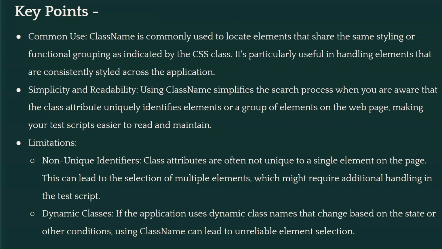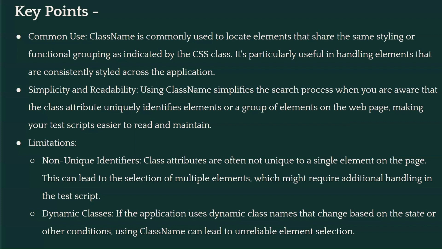Now, the key point here is it's commonly used to locate elements sharing the same styling. When we're talking about the same styling related to CSS, in that case we use this class name. It is simple and readable like the others. Limitation: non-unique identifiers. Class attributes are not unique to a single element on the page. That's the reason we try to avoid it.